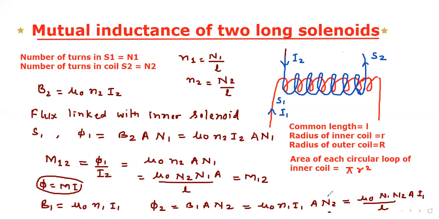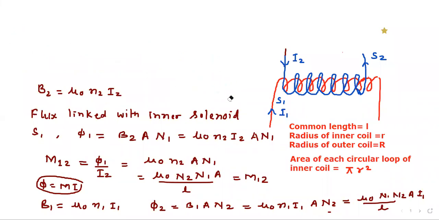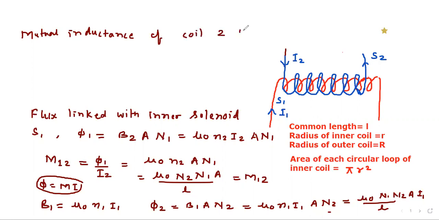Now we can find mutual inductance of coil 2 with respect to coil 1. So we write mutual inductance of coil 2 with respect to coil 1.